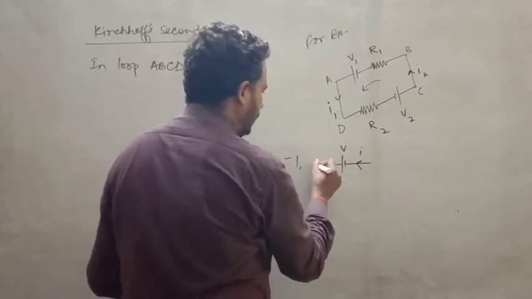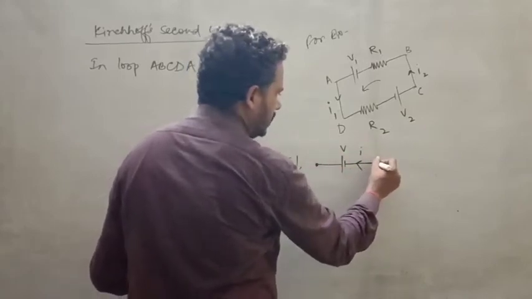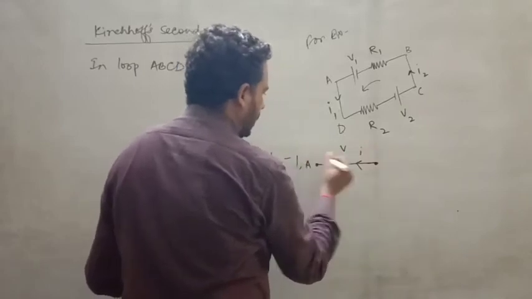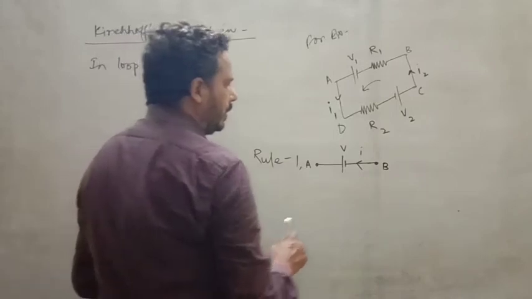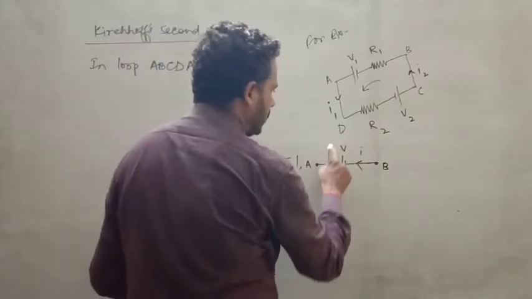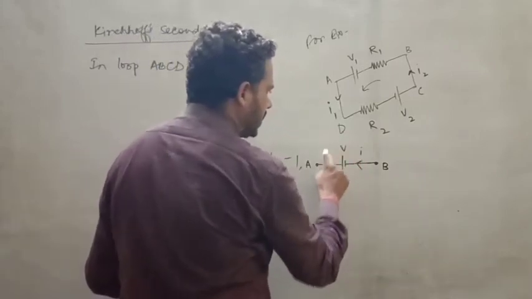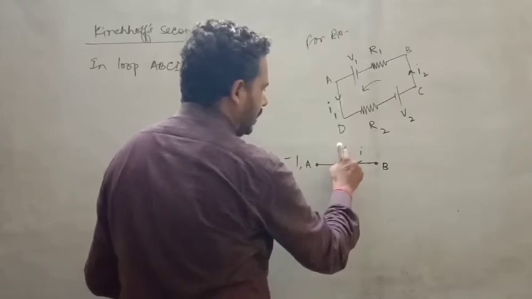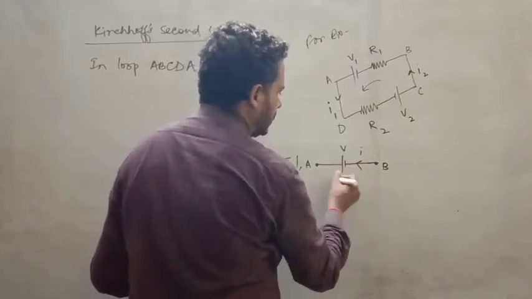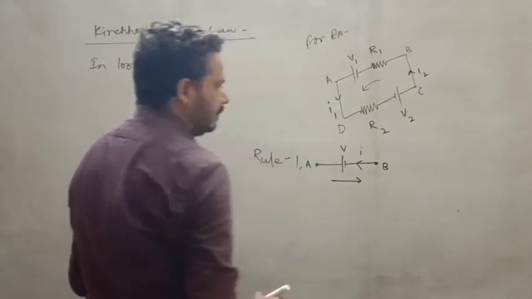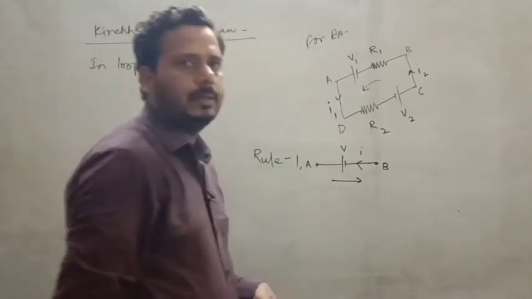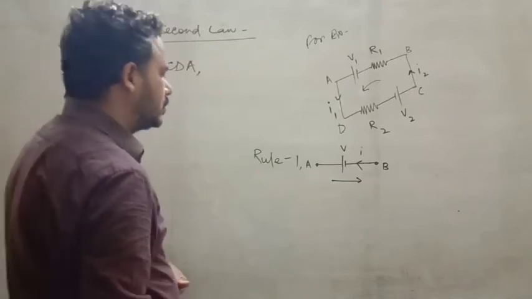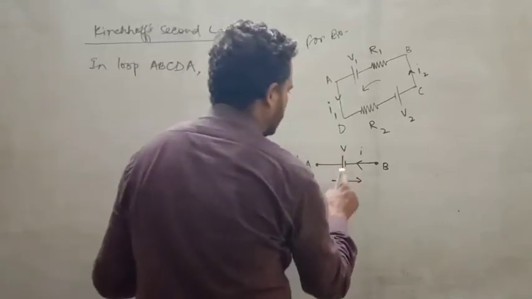Suppose this terminal is A and this terminal is B. Now you have to find the potential difference, that is the potential drop in this EMF, and you are going from left to right, that means from A to B. So what would be the potential drop in this EMF?